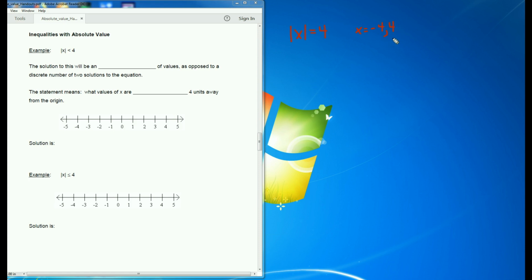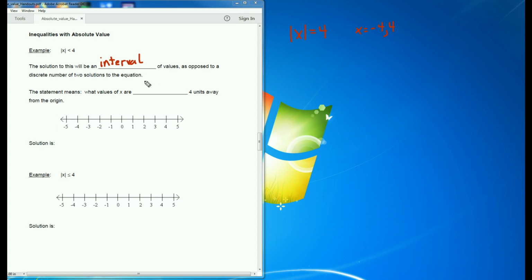In either case, you take the absolute value and it's equal to 4. Okay? So now we're going to write an inequality though. We're going to write absolute value of x is less than 4. Okay? So in this case, the solution is going to be an interval of values, as opposed to just the two discrete solutions that we had to our previous equation. It's going to be a range of values.